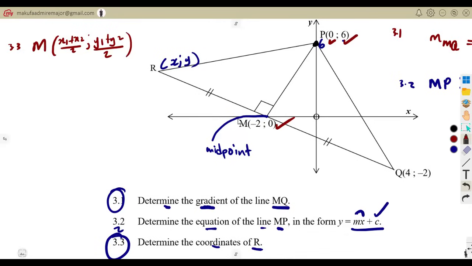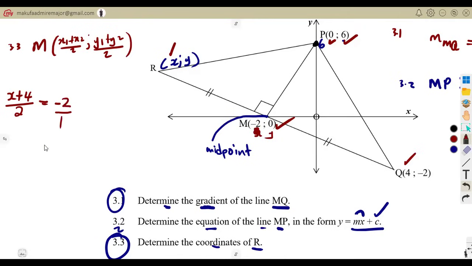We simply took the x value to the x value there, which means x plus, what is the x value at Q? That's a 4. Everything over 2 must give us the x value at M. Remember (x, y), so x at M is -2. That's an equation.